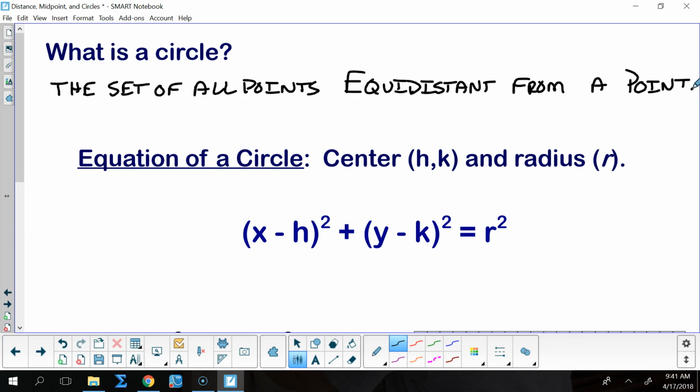Now there are two crucial parts to a circle. The first crucial part to a circle is the center. The center we will call the point H, K. And that is this point over here.